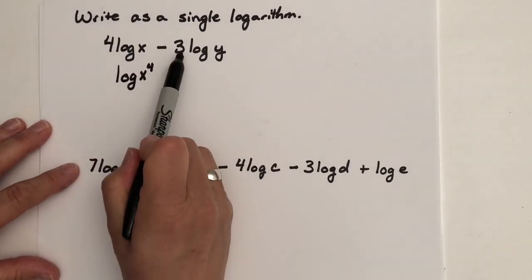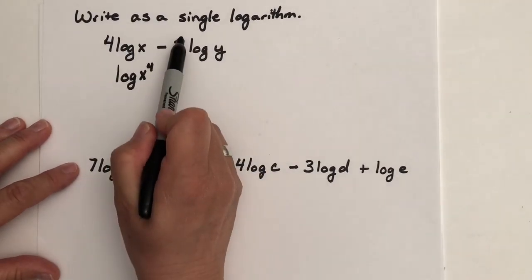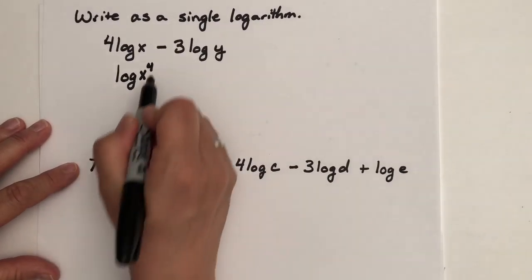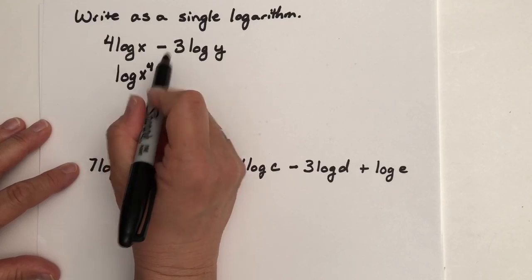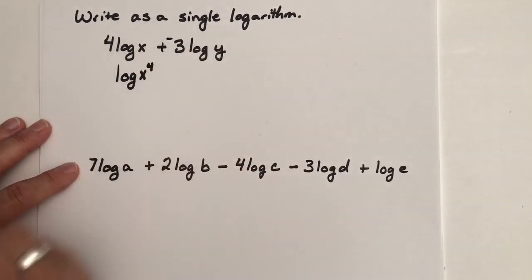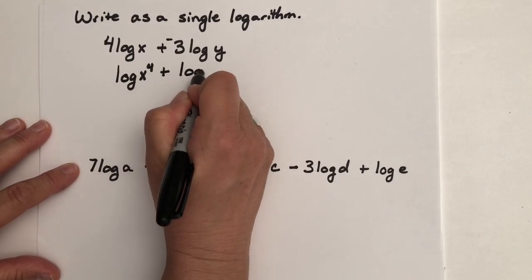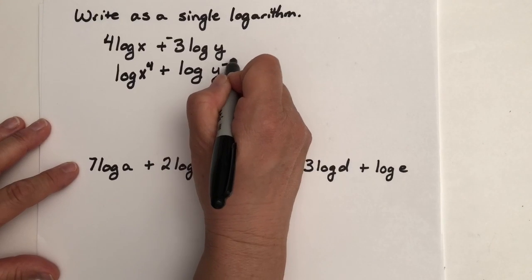And on this one, in the previous example, I put the 3 up as the exponent. You could, in fact, take the entire -3. In fact, I'm thinking of this as plus a -3. So it becomes plus the log of y to the -3rd power.